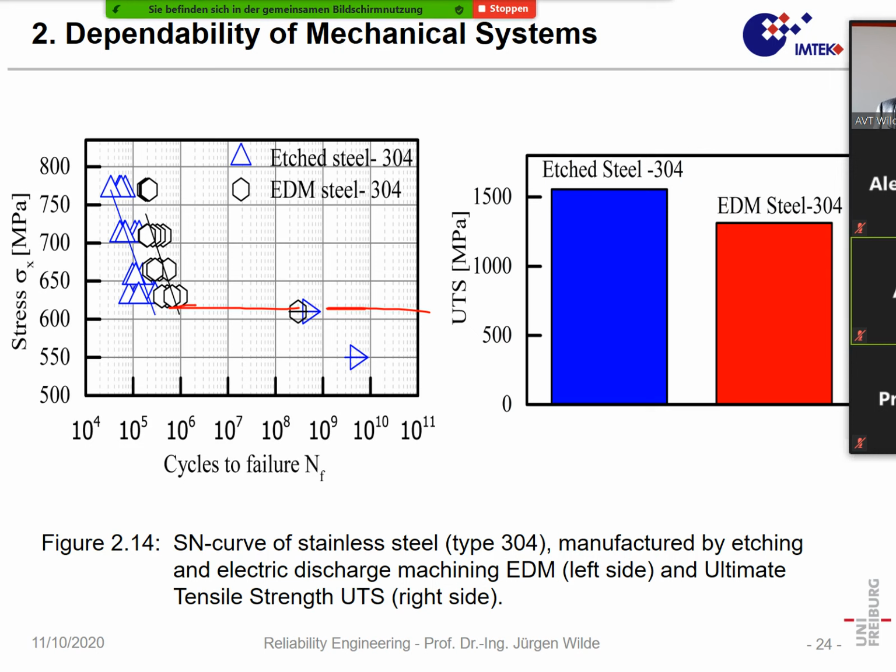What was a little surprising is that the etched part, which had a much better surface quality, failed earlier than the EDM steel.